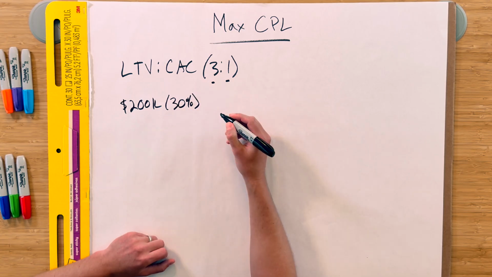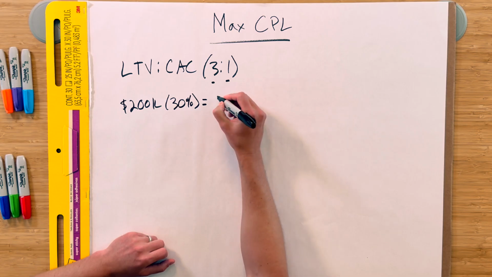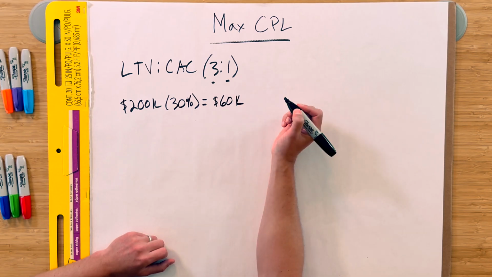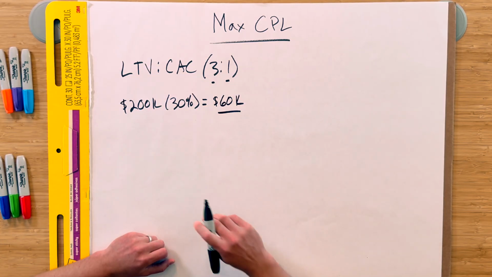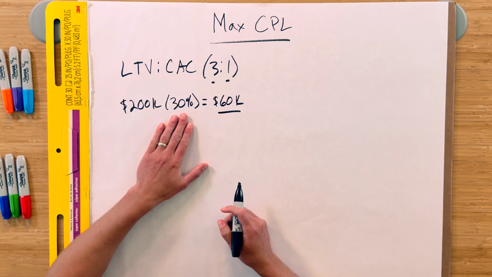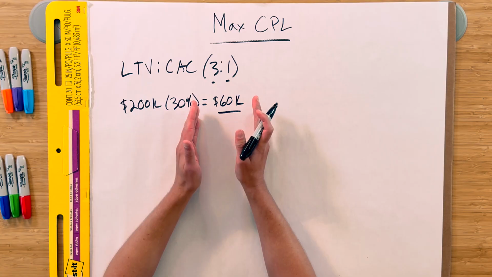In this case, we're looking at a 30% gross margin. So if we do the math there, we get $60,000. This is our lifetime value. That is what this customer is worth. If we sell a project for $200,000 at a 30% gross margin, this is what's left, $60,000. That's what the customer is worth.